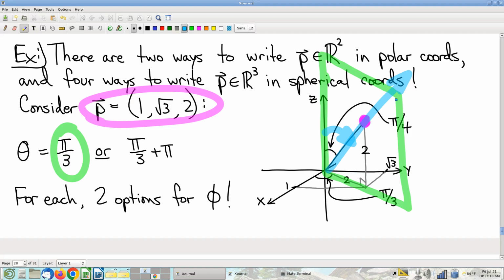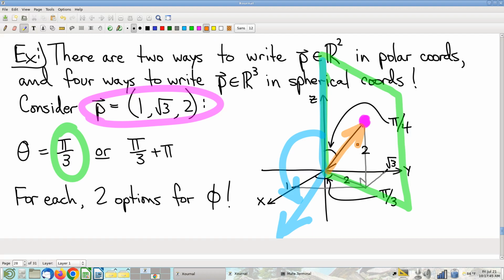Or, this is going to seem weird, but it's perfectly legal, I could use a negative value of phi. Keep in mind a negative value of phi means you're going kind of backwards. And you can think through the geometry, again a good exercise, but going backwards, you can think about what that angle would have to be. That gets you going exactly the wrong direction, which means a negative value of rho would get you right back to that exact same point.